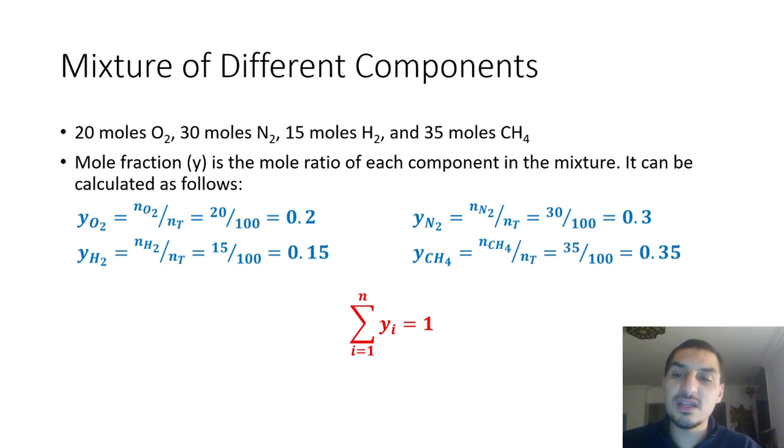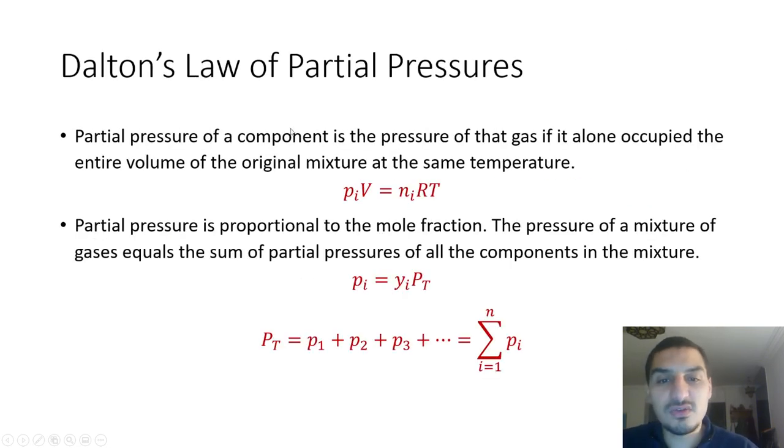But I can say that these 10 atmospheres are split to the pressure of oxygen, the pressure of nitrogen, the pressure of hydrogen, and the pressure of methane. And this is what Dalton's law says. The partial pressure of a component is, and this is an important definition, so please pay attention to it, the pressure of that gas if it alone occupied the entire volume of the original mixture at the same temperature.